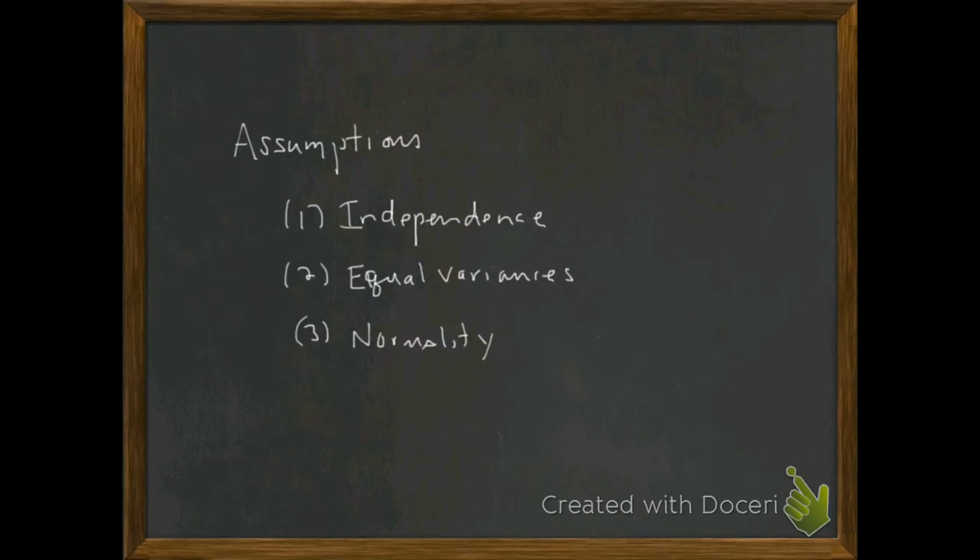Now, the next thing we would do before carrying out our test is we'd need to set up our null and alternative hypotheses. And guys, we're going to have 3 of those.